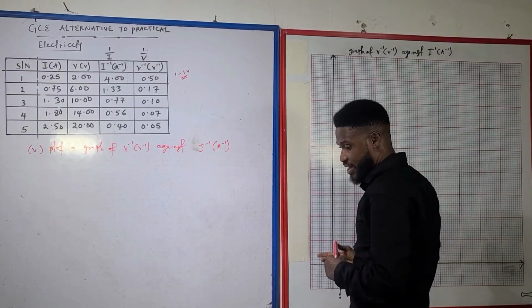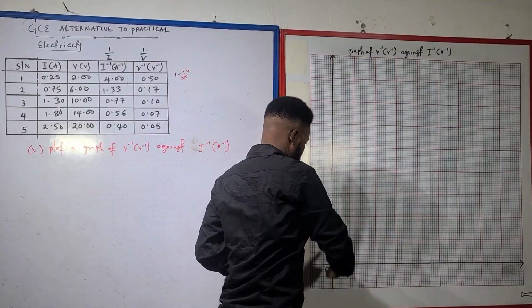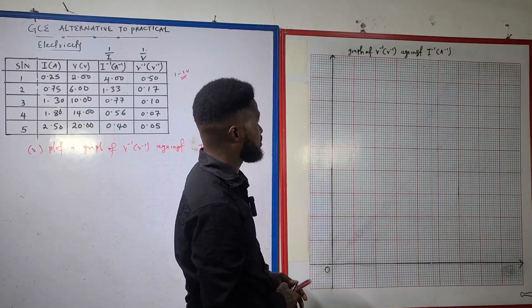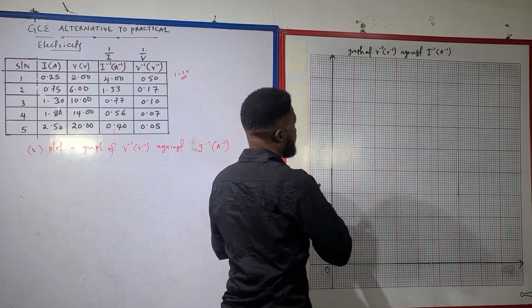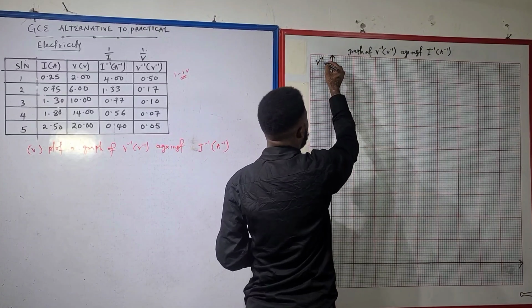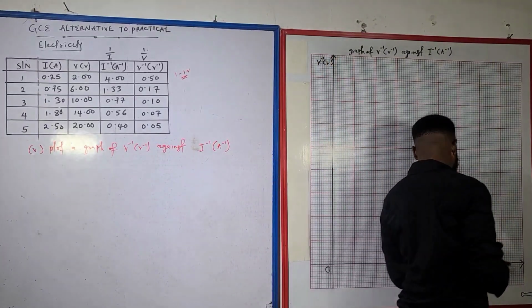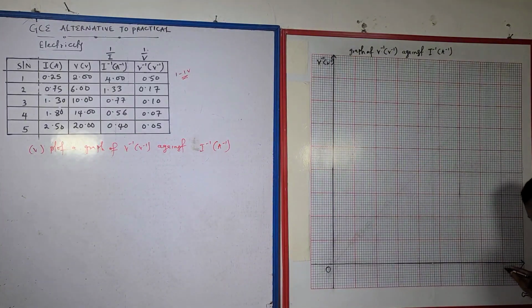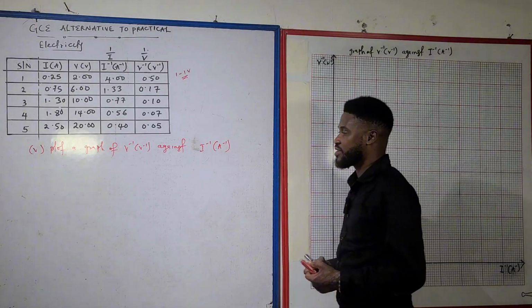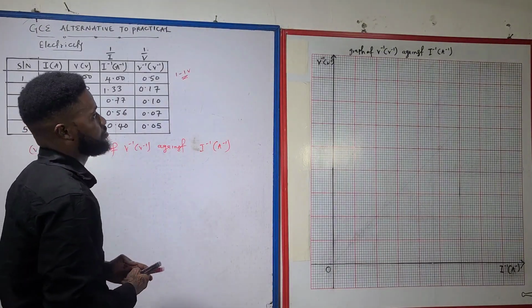Once you've done that, the next thing is to rule a line for your vertical axis and indicate V raised to power minus 1 per volt. On the horizontal axis, you draw a line as well, I raised to power minus 1 in per amperes. Then the next thing is to pick your points.